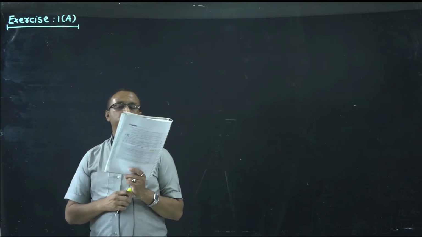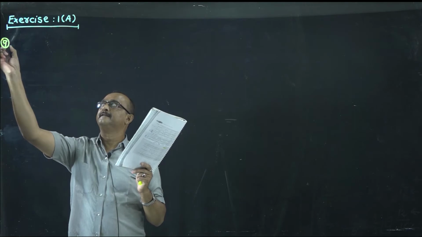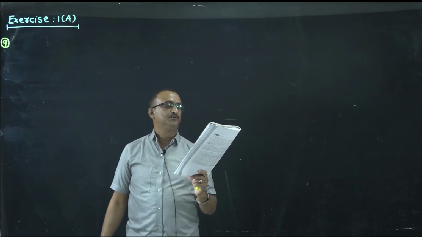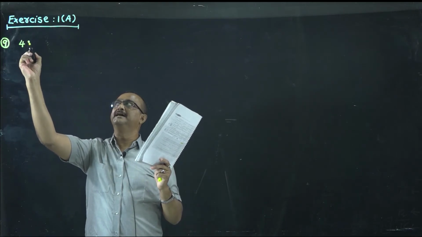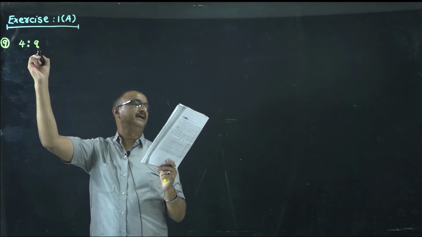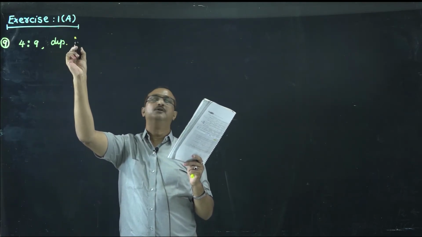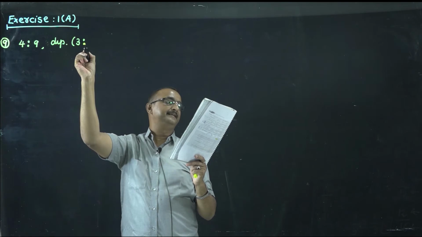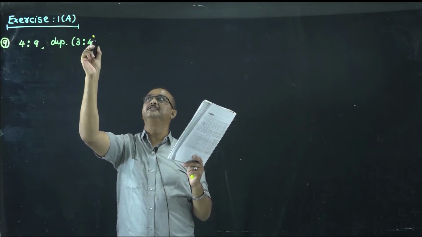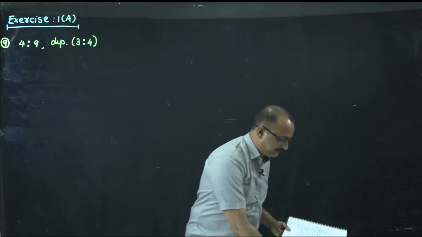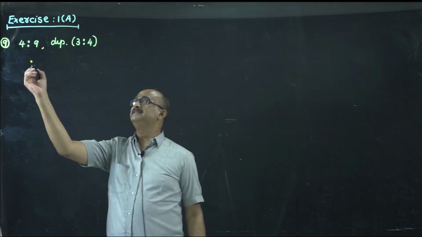Okay students, now question number 9. The ratio compounded of 4:9 and the duplicate ratio of 3:4. Again, compounded means what?